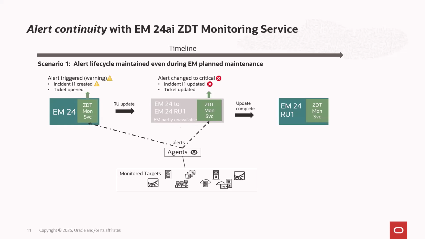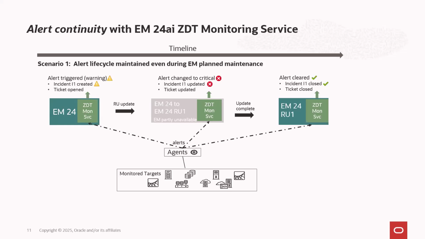Now you're at EM24 RU1. Let's say that alert severity has cleared. So that severity is sent from the agent to ZDT monitoring. It will then result in updating of the incident, which will close the incident, and also send that clear to the ticketing system, which results in the ticket closing, right?